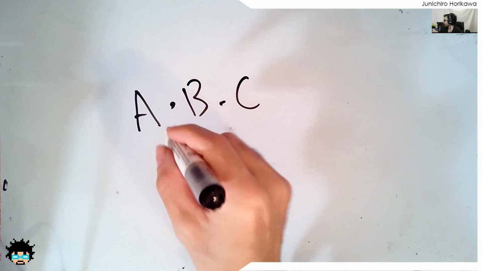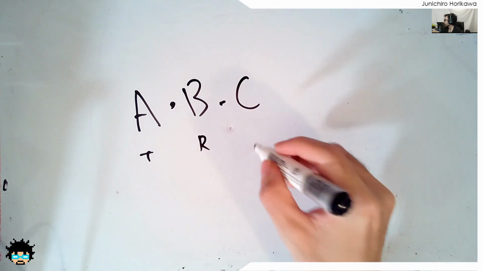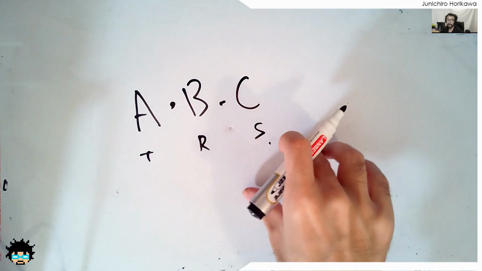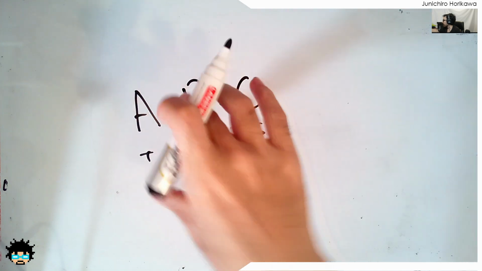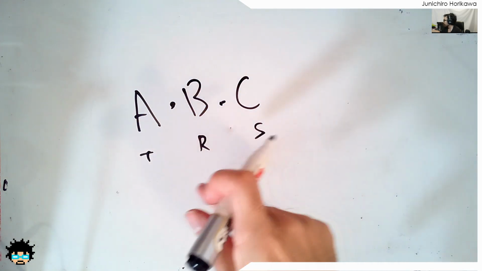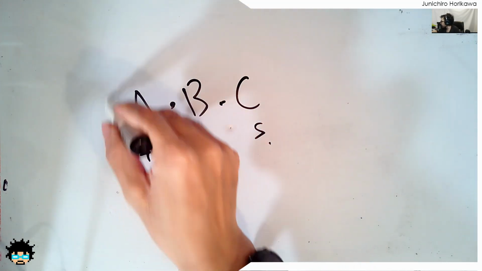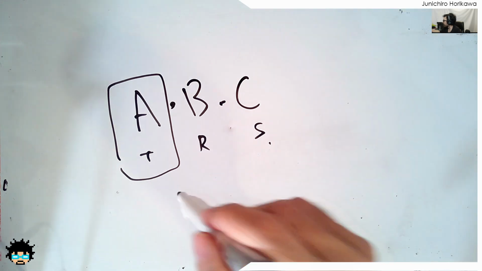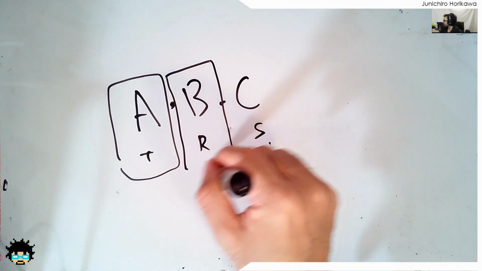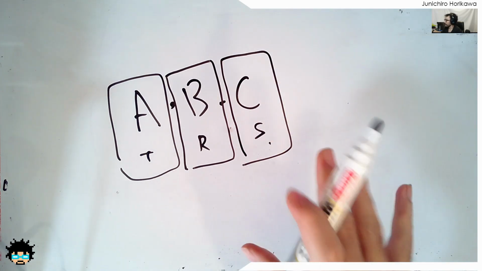Let's say the first one is for the translation, the second one is for the rotation, and the third one is for the scaling. By multiplying the matrices one by one in order, from left to right, it means that first you do the translation, then after this you do a rotation, then after this you do a scaling.